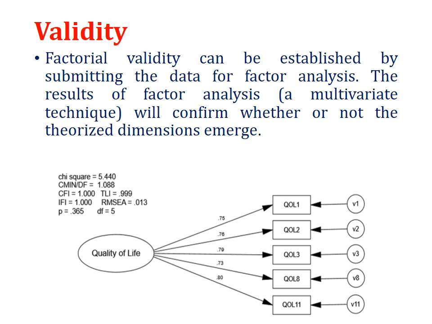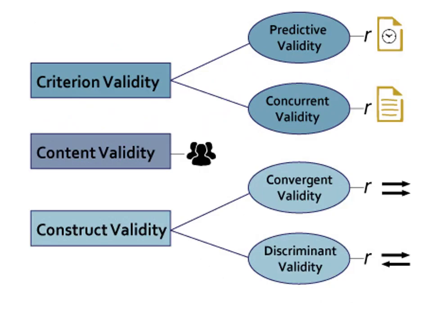You know that every construct, idea and concept has some dimensions, and you can measure all the dimensions of the variables and constructs through factor analysis. The types of validity are criterion validity, content validity, also called face validity, and construct validity. We also measure validity through factor analysis.